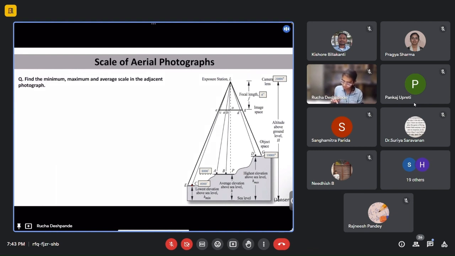So here the total altitude is 20,000 feet, and the focal length is 6 inches. Let's start with the average elevation.